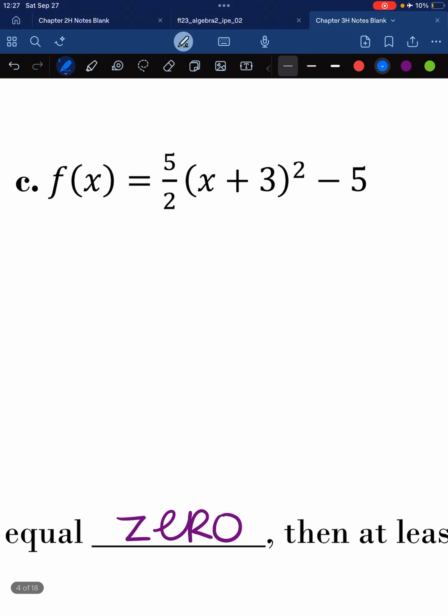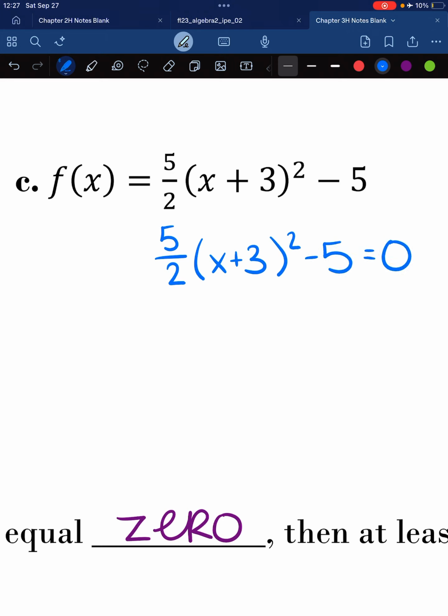Alrighty, example C. Ooh, a lot going on, but we can do it. Finding the solutions, so I'm going to set this equal to 0. Add 5 to both sides would be my first step.